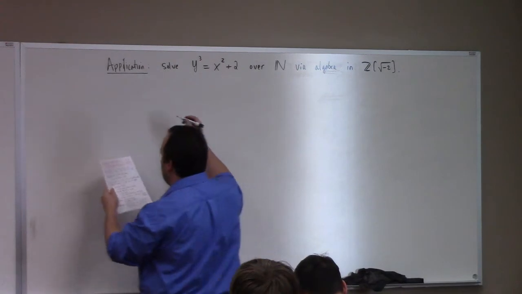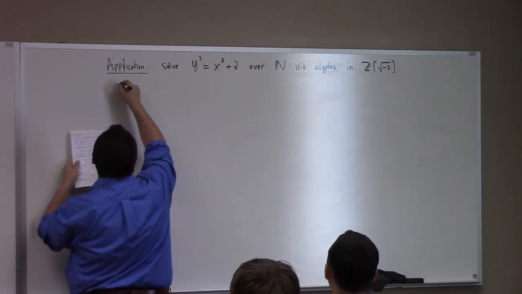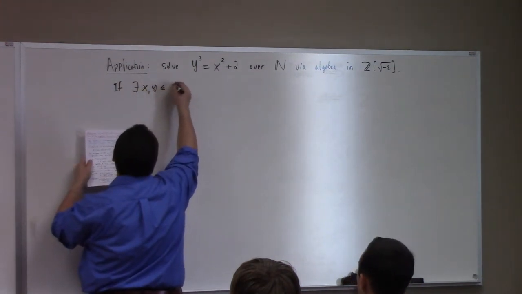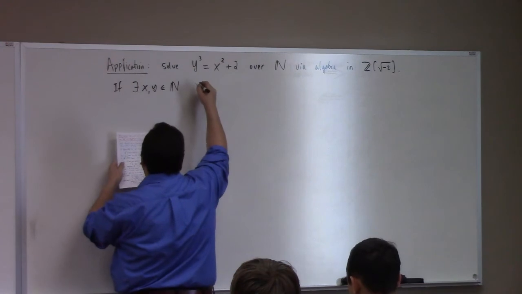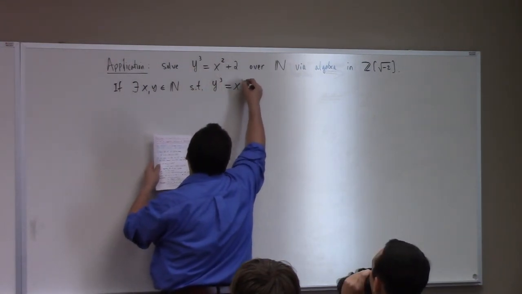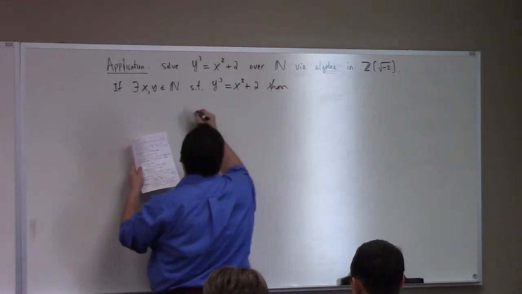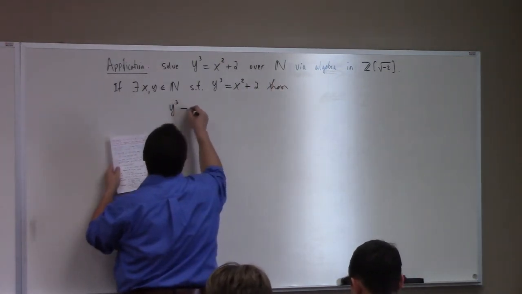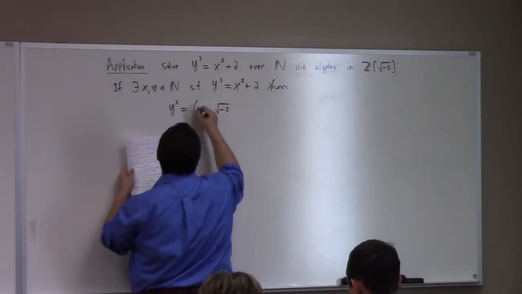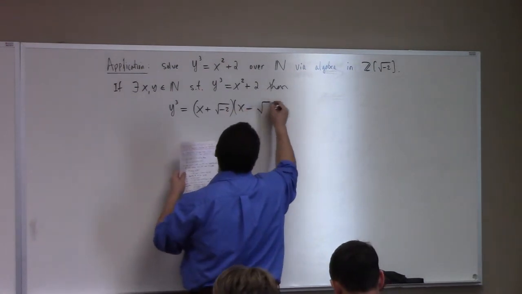But here it is. So suppose there exist x and y in the natural numbers such that y cubed is equal to x squared plus 2. Then what could we do? Then that would mean that y cubed was equal to x plus the square root of minus 2 times x minus the square root of minus 2.